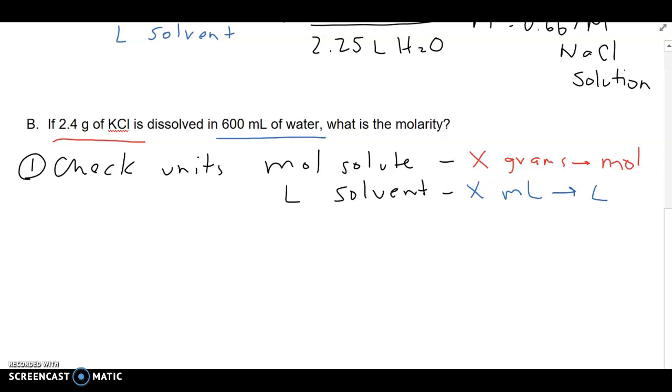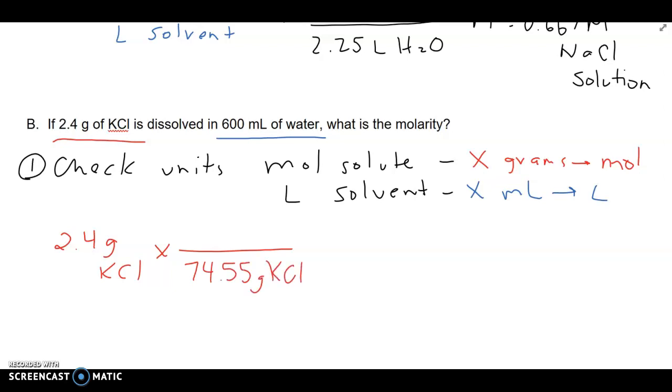Grams to moles. So I then need to do just a simple molar conversion. So this is 2.4 grams of KCl times, and then I have my conversion, 74.55 grams of KCl. I'm putting grams on the bottom because I want it to cancel out.